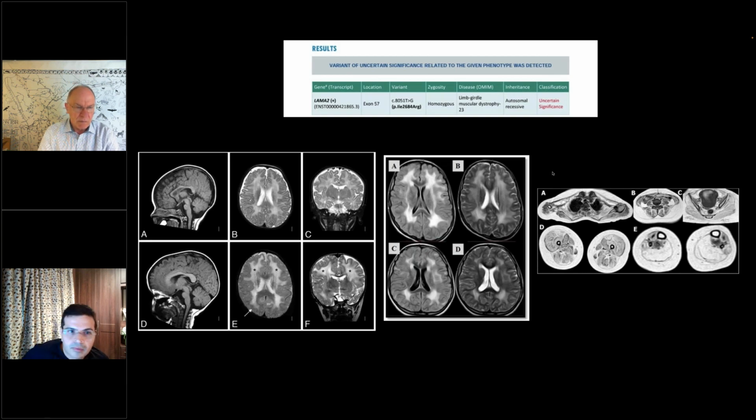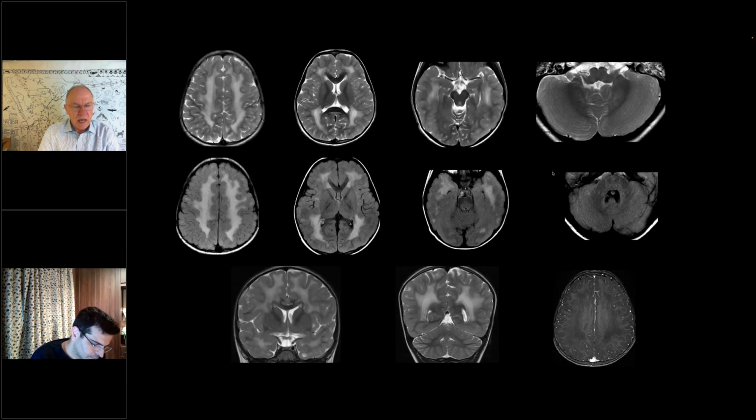Okay. My experience is limited. I'm aware of a girl with a LAMA2 mutation. She is in the wheelchair, bright, cognitive, attending regular school, but very, very severely impaired from her muscular situation. And the image is less pronounced than this image.